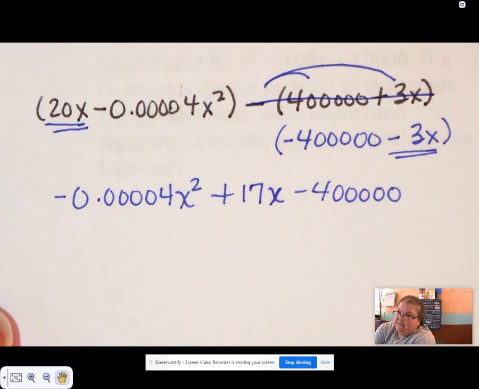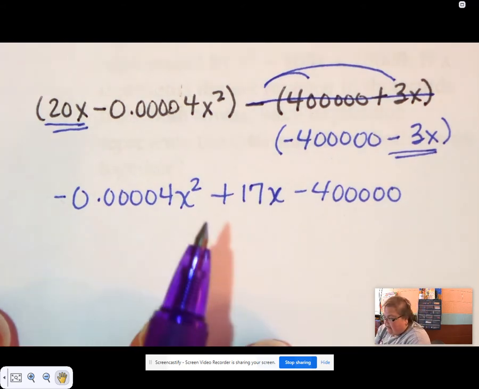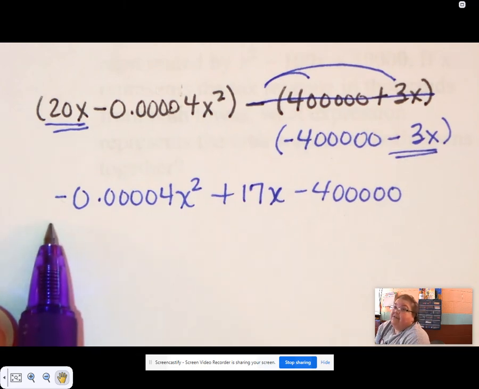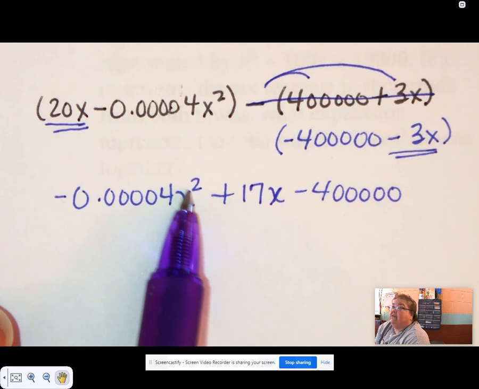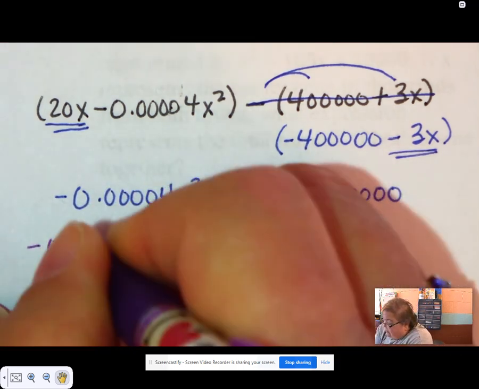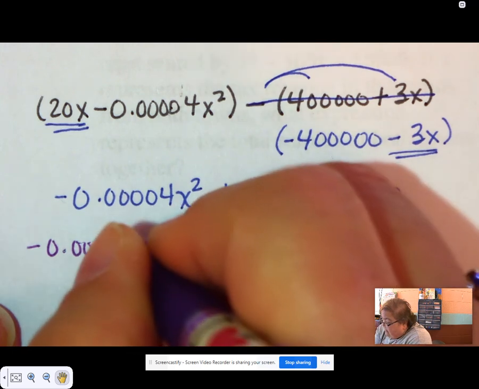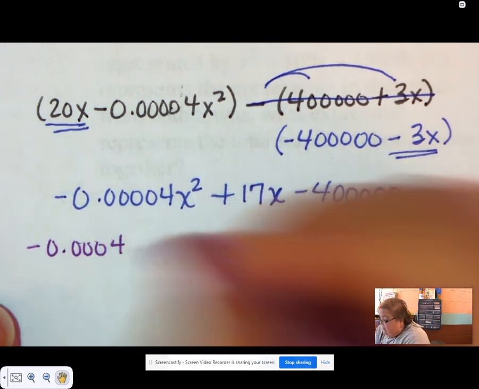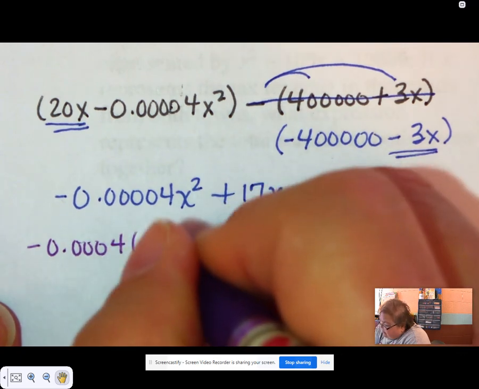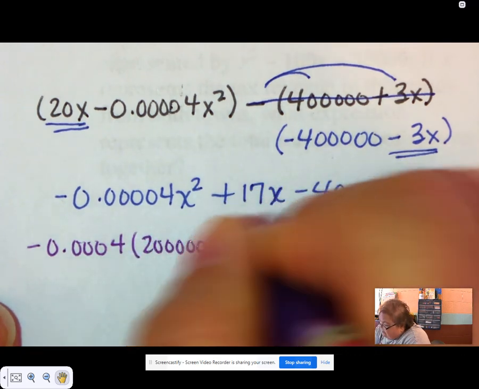Same process. Now it says, what if I sold 200,000 toothbrushes? Well, if I have something to put in there, it always goes in place of the variable, right? So here's what it looks like. Negative 4/10,000, and then we put in parentheses our 200,000.